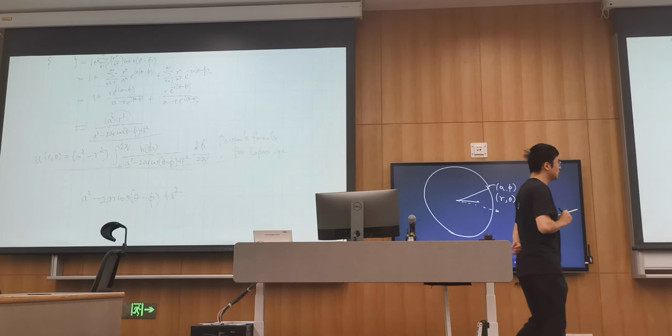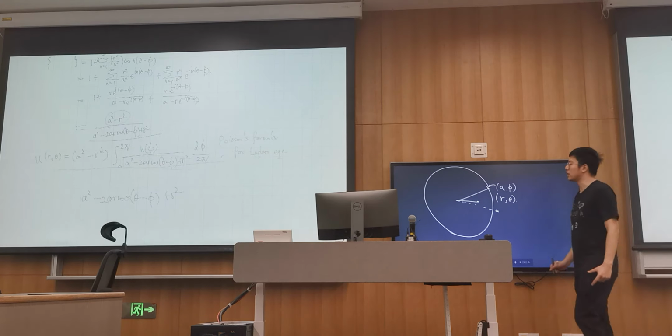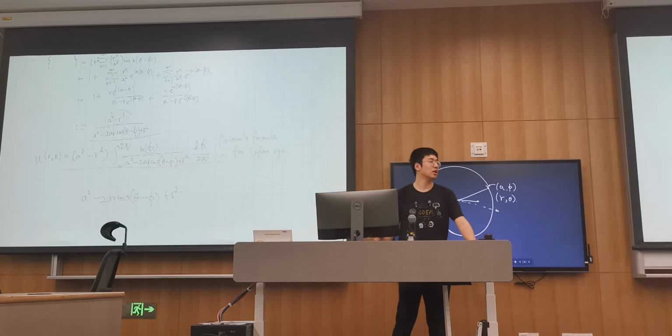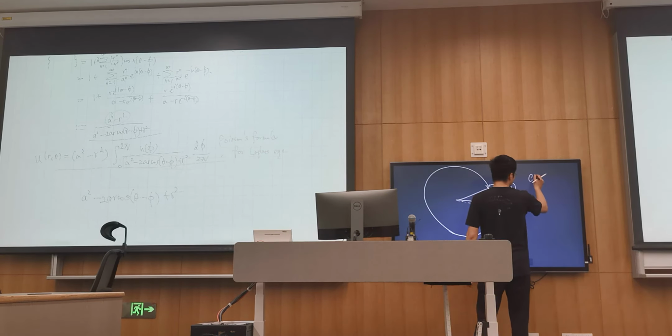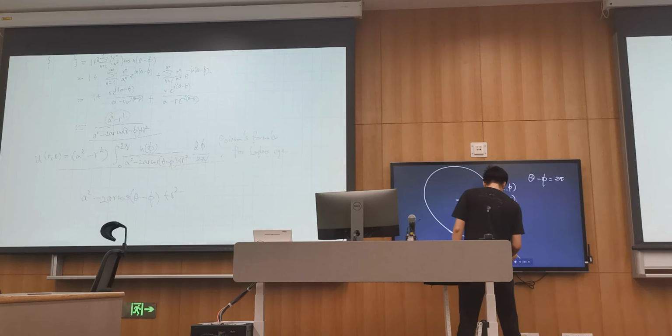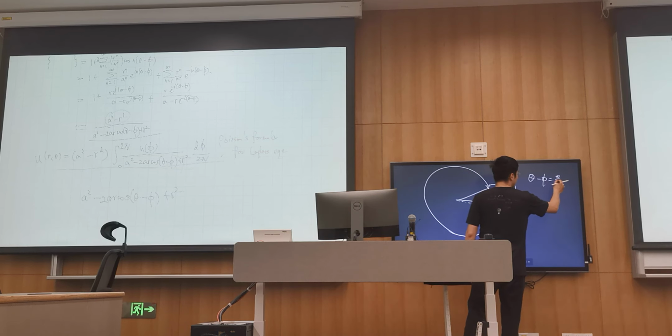So let's first try to see what will happen if my theta minus phi is an exact angle. What if my theta minus phi exactly equals pi over 2, or negative pi over 2?